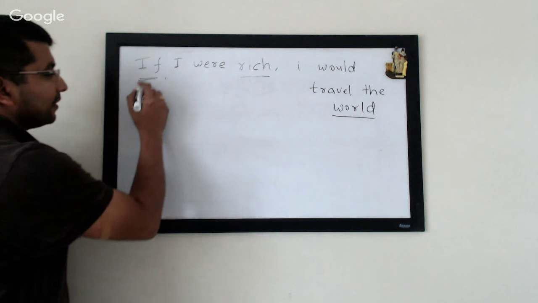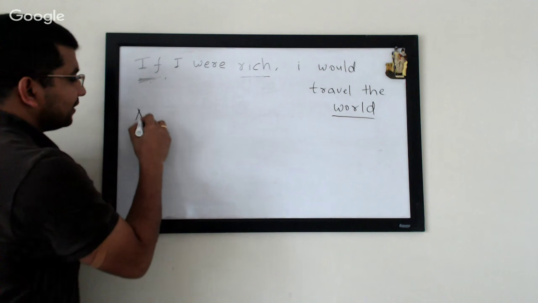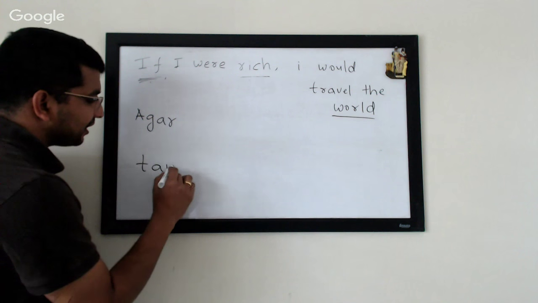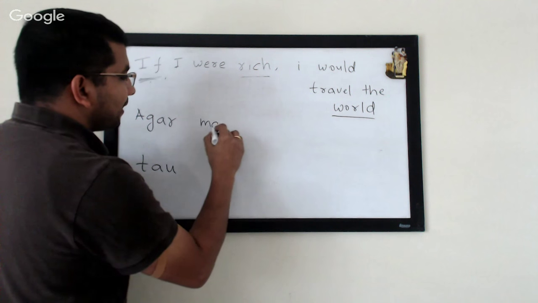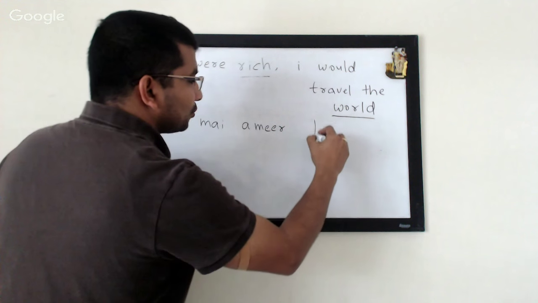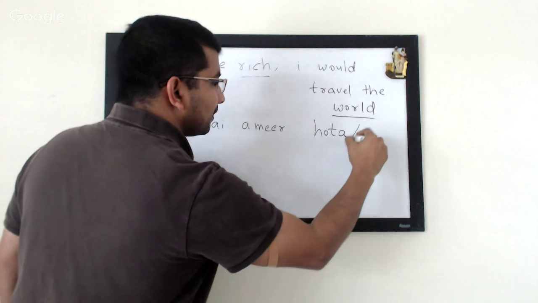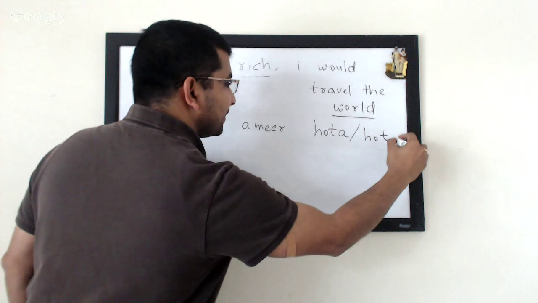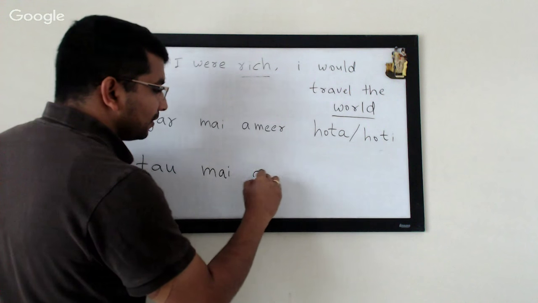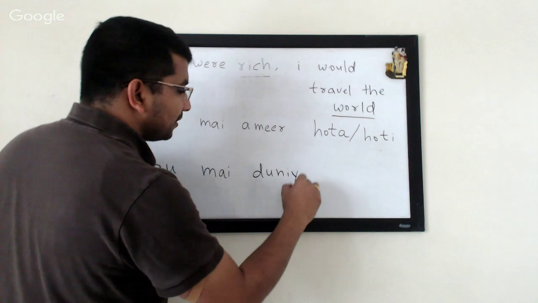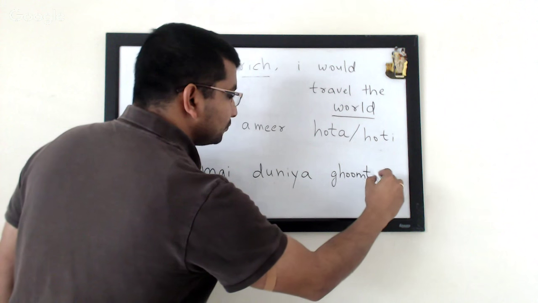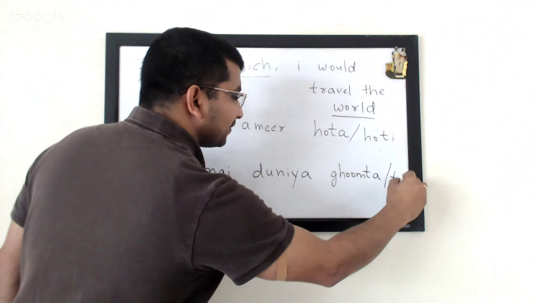So if you know the structure again, the first one is agar, and then the second one starts with to. So agar मैं अमीर, अमीर is rich, होता for a male, होती for a female, masculine singular. तो मैं दुनिया घूमता for a male and घूमती for a female.